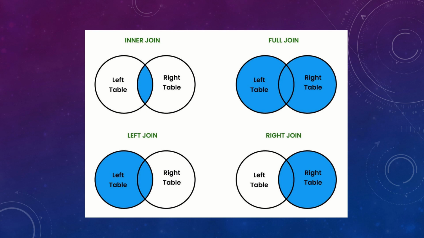But for now, just try to understand the fundamental concept that left join basically returns all the records from the left table, right join returns all the records from the right table, and full join is basically a combination of left join and right join, and it will produce a result that includes all the records from both the tables.